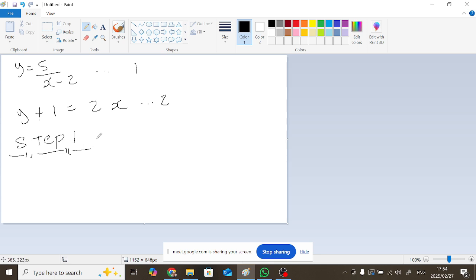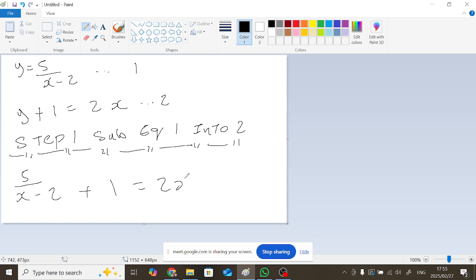I'll say sub equation 1 into 2, that's your first step. We take this and put it in the place of y: 5 over x minus 2, plus 1 is equal to 2x, right?